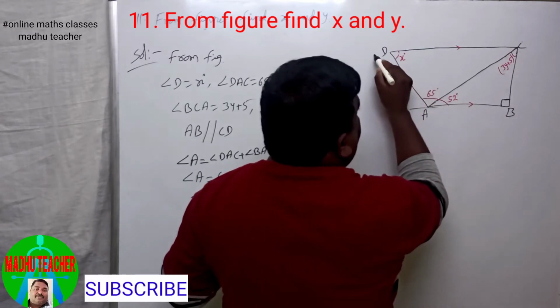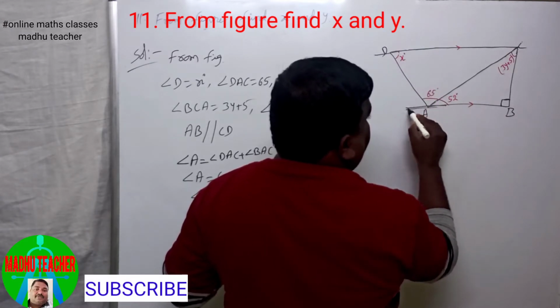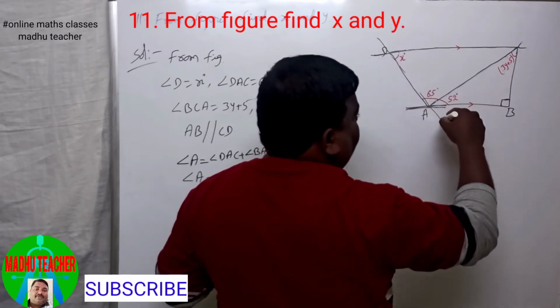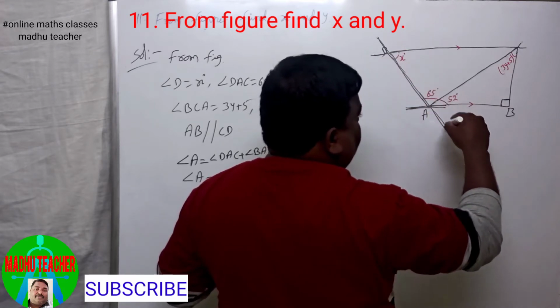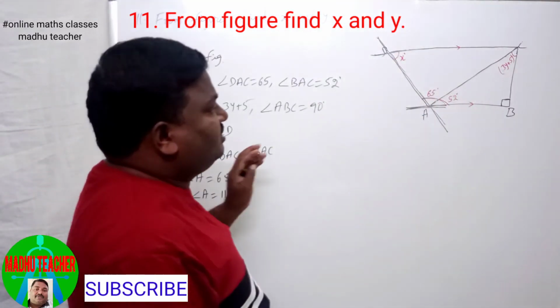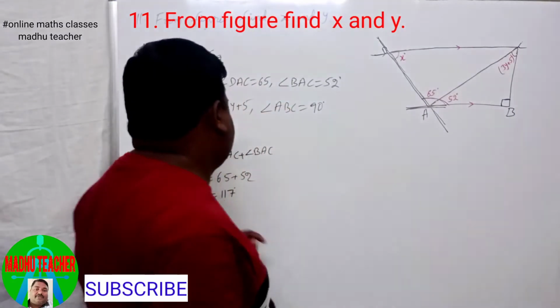Here we know that AB is parallel to CD. These two lines are parallel, and this is the transversal. Therefore, these two angles are interior angles on the same side of the transversal.